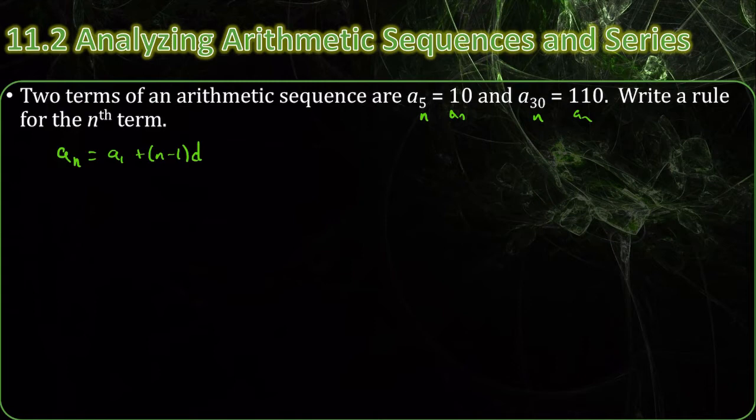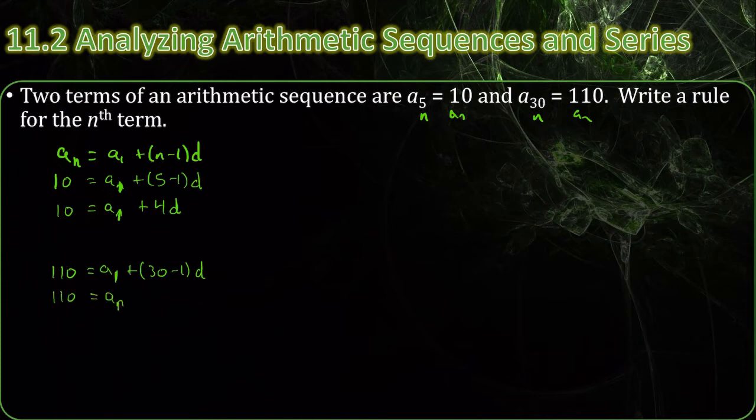If I plug in my first one, an is 10 and n is 5, which gives me a1 plus 4d. If I take my other one and fill it in, an is 110, a1 plus n is 30, minus 1 times d.